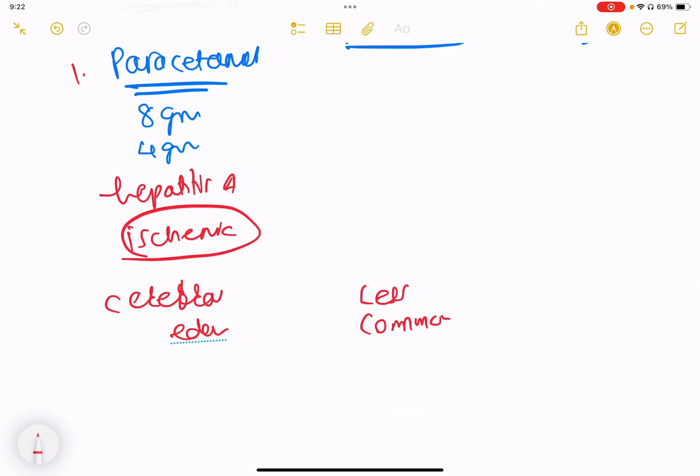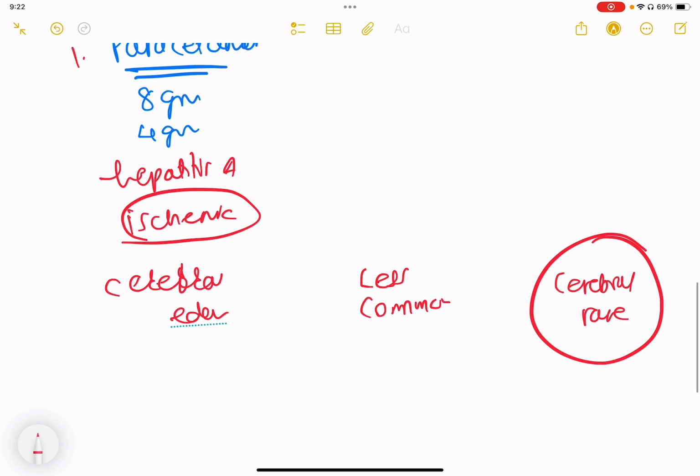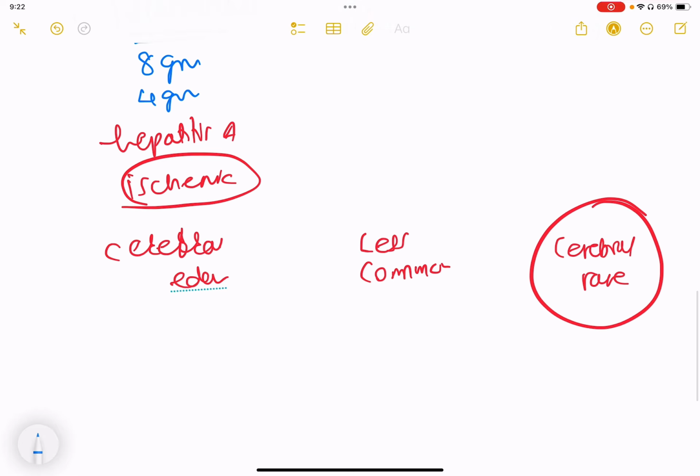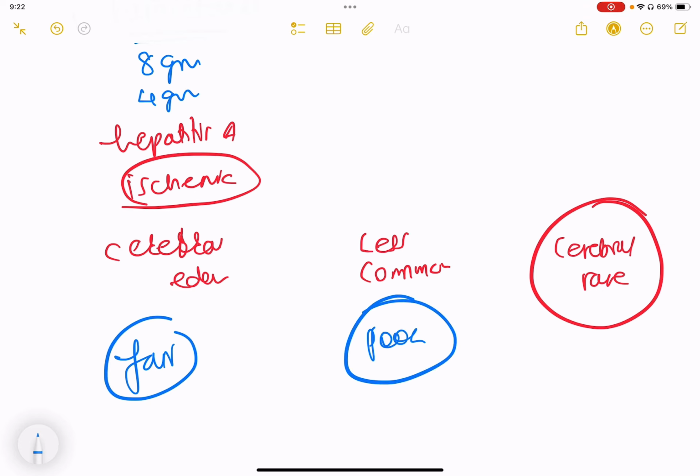And in the subacute condition, cerebral edema is pretty less common, kind of rare. So usually in the hyperacute condition, if it is treated aggressively with utmost care, the prognosis is pretty fair, but the prognosis is poor in acute liver failure.